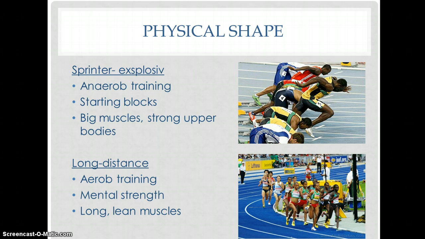There is a very big difference between the physical shape of a sprinter and a long-distance runner. A sprinter needs anaerobic training, which is training without air, and a long-distance runner needs aerobic training, which is training with air. A sprinter has very big muscles and a strong upper body, but a long-distance runner has very long and lean muscles.